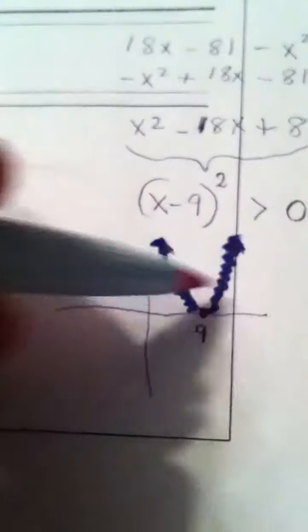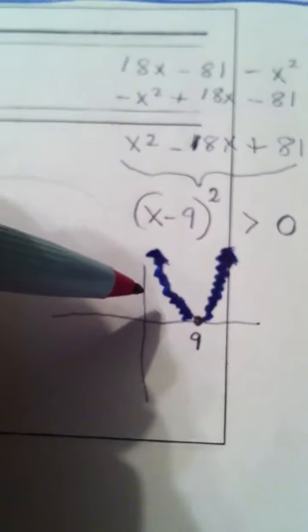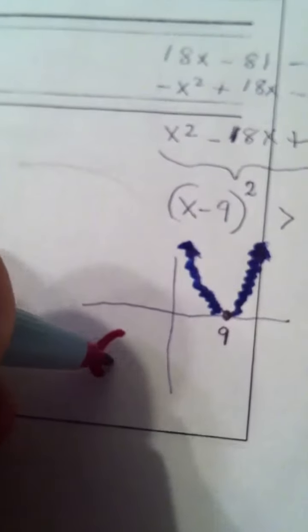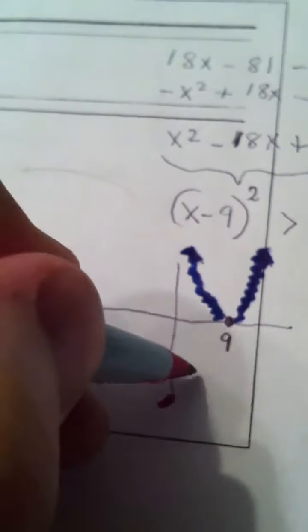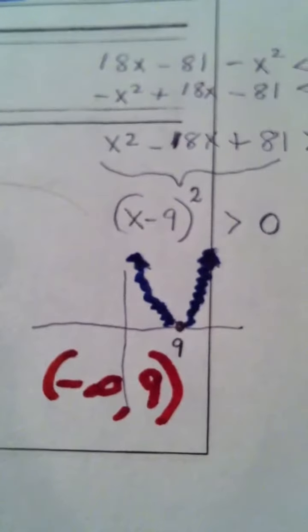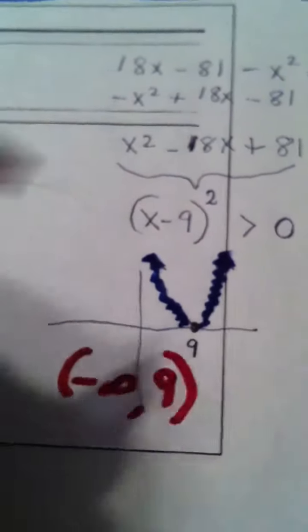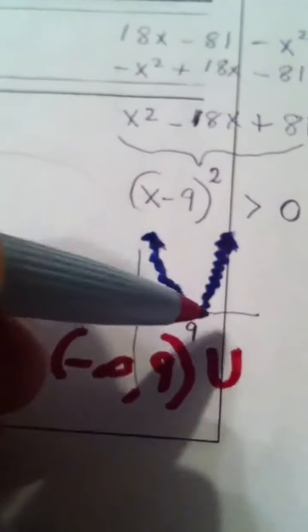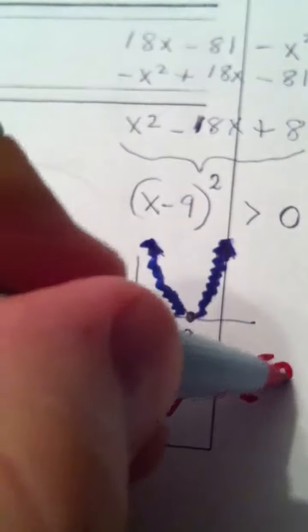So again, if we scan from left to right, we're going to get our answers. If I start scanning from left to right, I come up with this first branch, which is included, and that would be -infinity to 9. Again, put a paren because 9 is not included. In fact, I hop over the 9, union, and when I scan the next branch, which is part of my answer, that would be 9 to infinity.